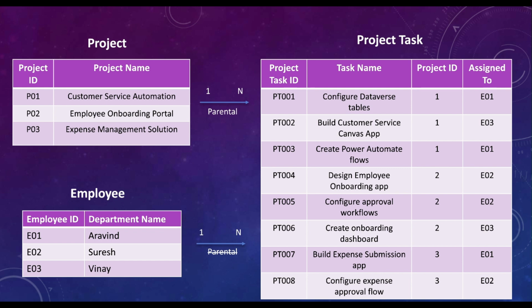The reason is that Dataverse allows only one parental relationship for a child table. This rule prevents a child table from having multiple parents controlling its cascading behavior. For example, if both project and employee were parental, deleting either one could potentially cascade to the same project task records, creating ambiguity about which parent controls the child table's life cycle.